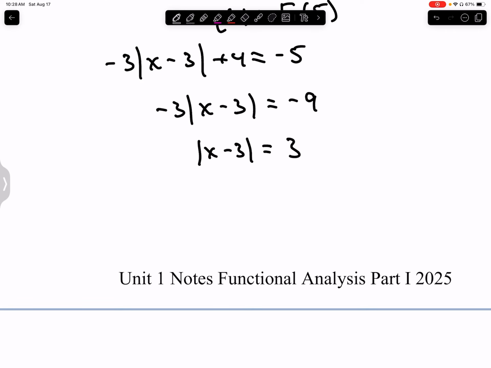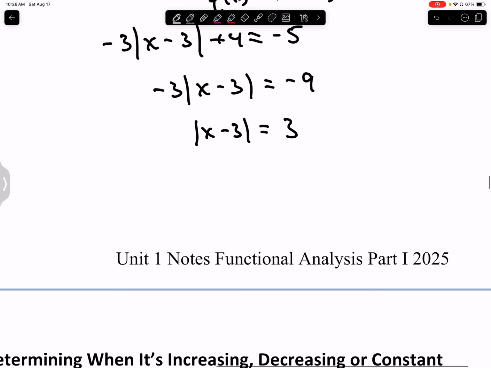Now from here, there's different ways to continue. But here's how I would prefer you think of it. But you can think of it any way you want as long as it's accurate. This absolute value, the difference between x and 3, could end up being a positive 3 or a negative 3. If it's a positive 3, you take the absolute value, you get 3.